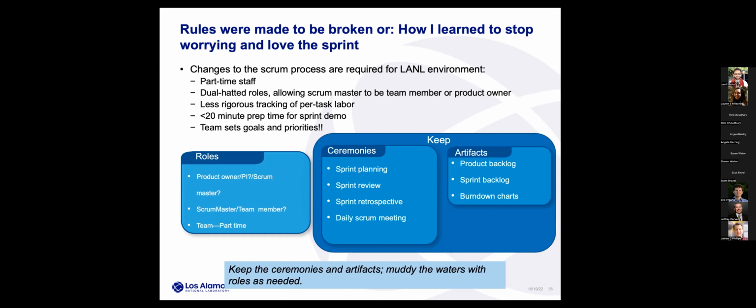I definitely have a less than 20-minute prep time for our sprint demo, and my team sets the goals and priorities. That's a big twist for me. We have projects here that last generally about a year, and at the beginning of the year we set some yearly goals. Then my team helps me decide what order to achieve those goals in to finish the year.